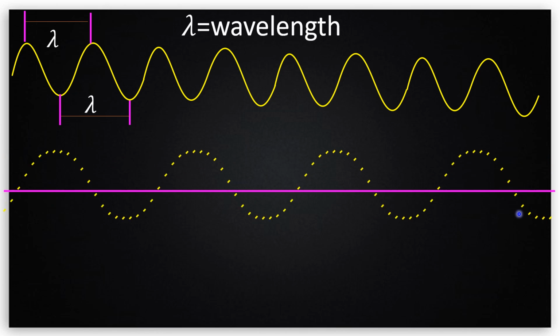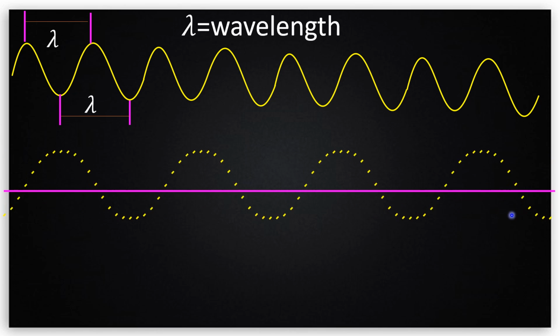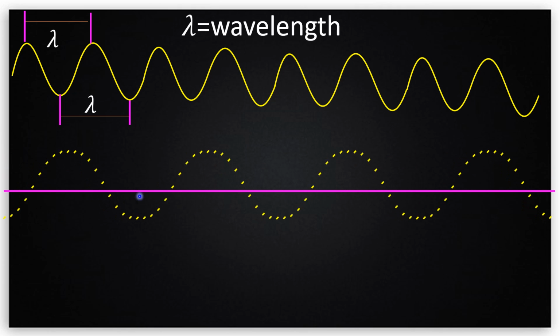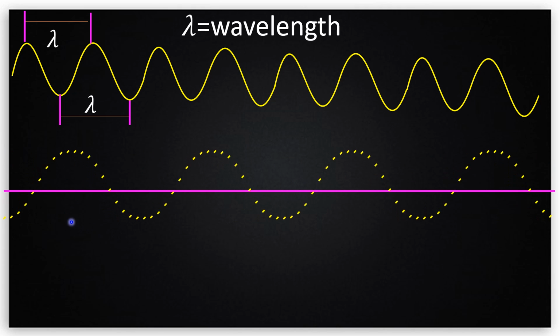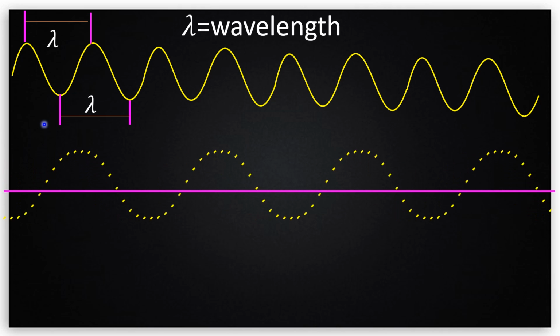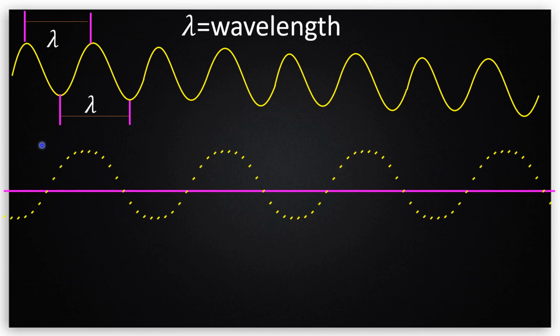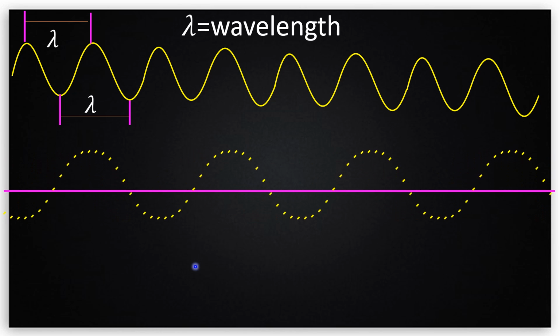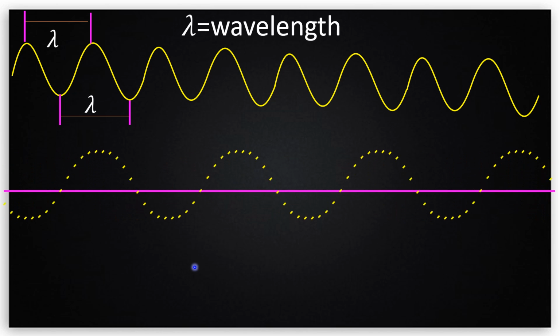This is a transverse wave. The wave is moving like this, and all the particles are vibrating perpendicular to the direction of propagation of the wave. Here I will tell you what wavelength is.